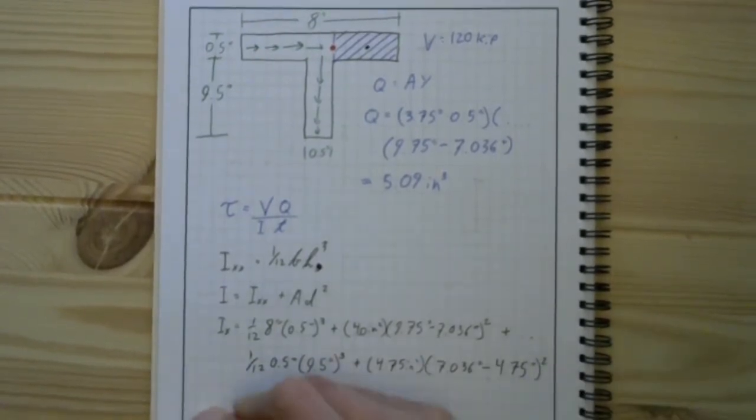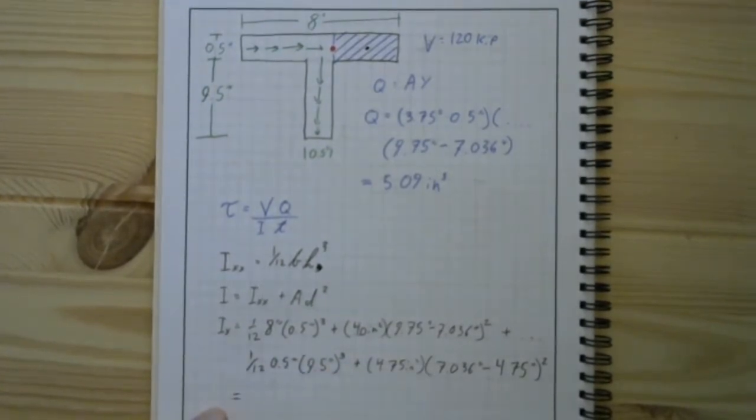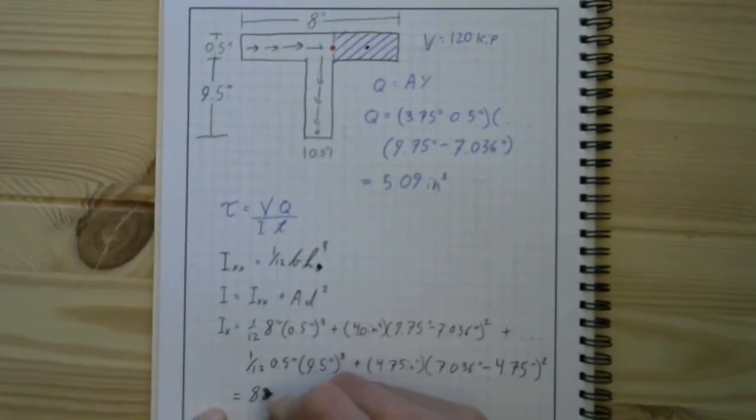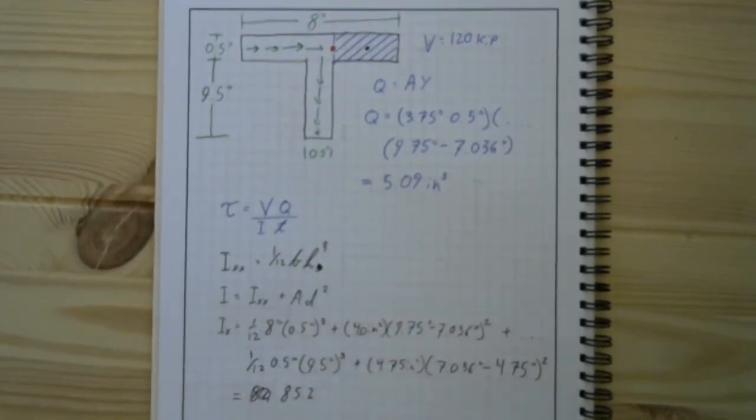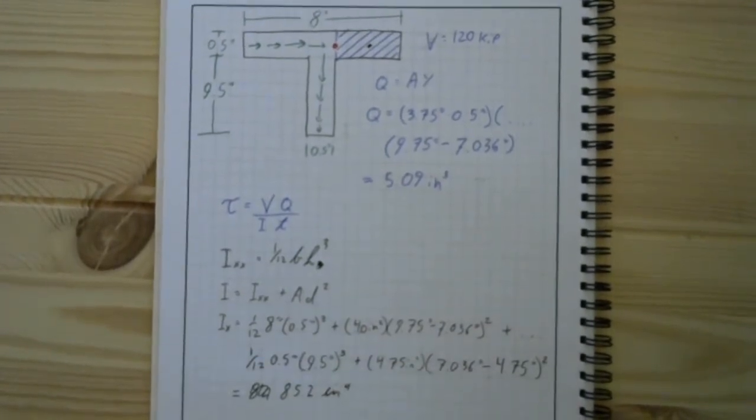Square that. All of that's going to give us 85.2 inches to the fourth.